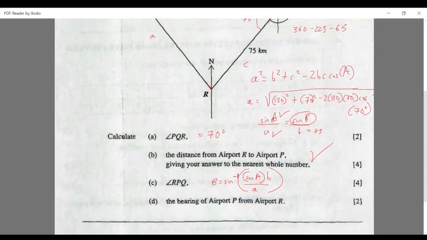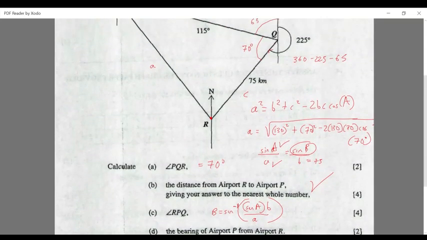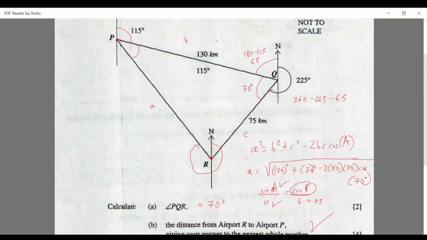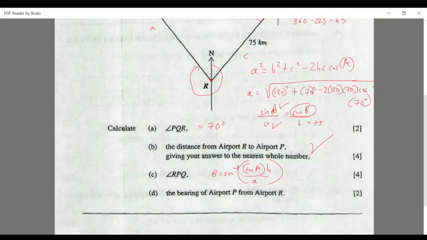And then finally, you're asked to find the bearing of airport P from airport R, meaning that you're finding this bearing. Luckily, you can now find this angle because if we were to call this C, for example, since we've already used A and we've used B, C is just equal to 180 minus A minus B. So some simple arithmetic there.